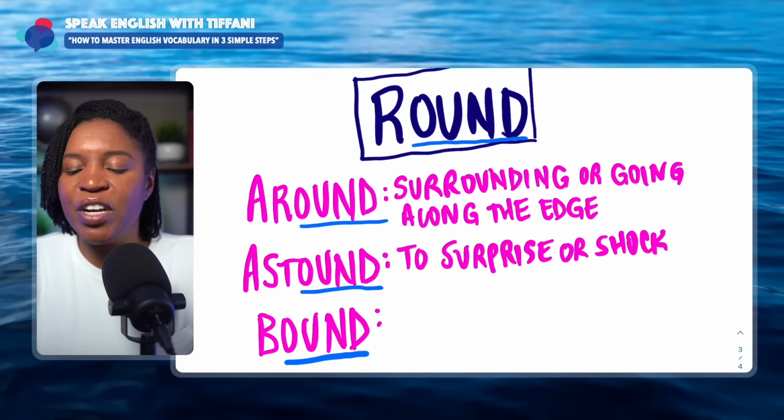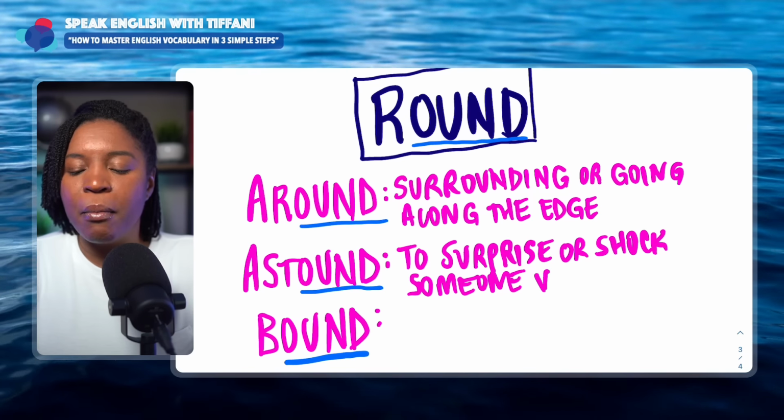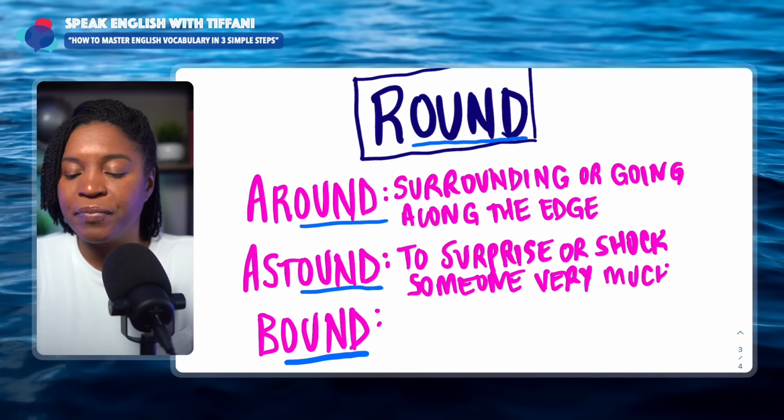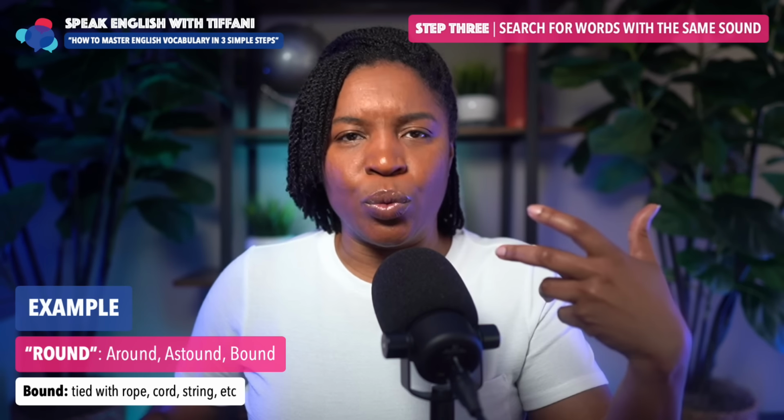Remember, we're getting the definition. All right, we're creating these groups of words. And then finally, what about this word, bound? What does it mean?